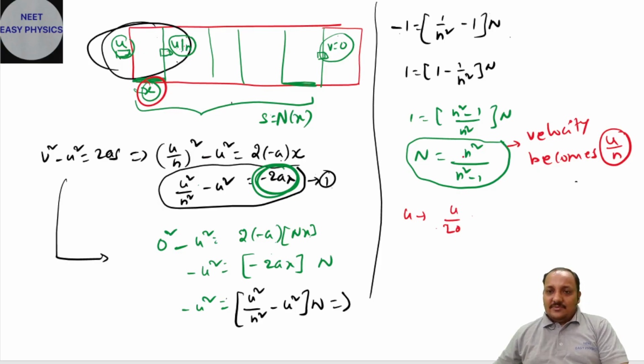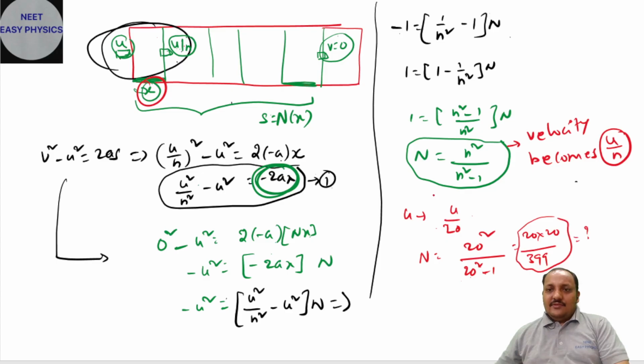You can substitute here: capital N is equal to 20 square by 20 square minus 1, so 20 into 20 by 399. If you divide, you are going to get the answer. N square by n square minus 1.